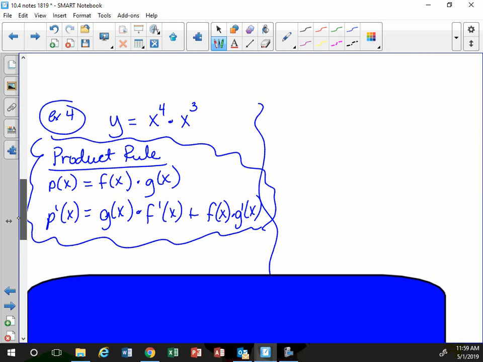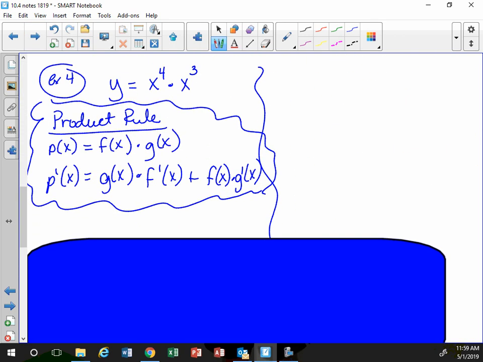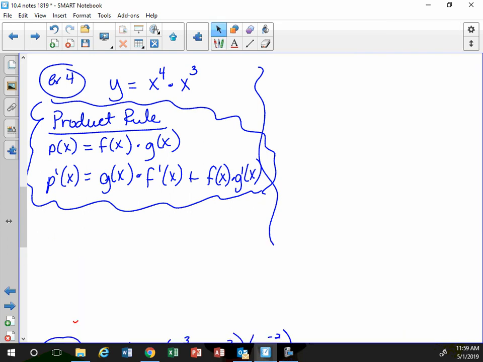All right. We okay? We ready for the product rule? So guys, we're gonna go through this with a really simple one, just so you can see how it works, and then we'll do one that's a little more complicated. So jot down y equals x to the 4th times x cubed.